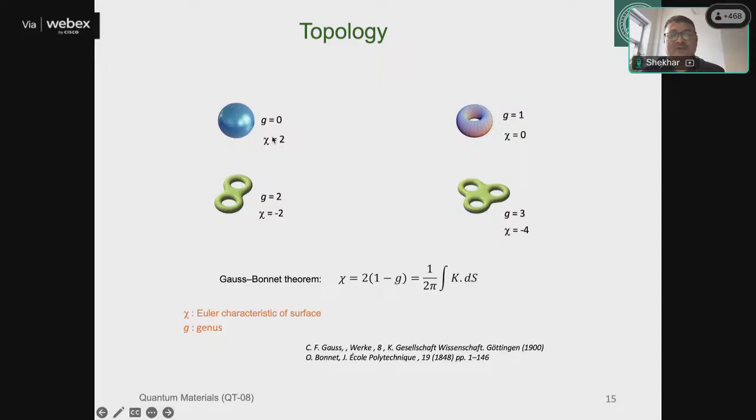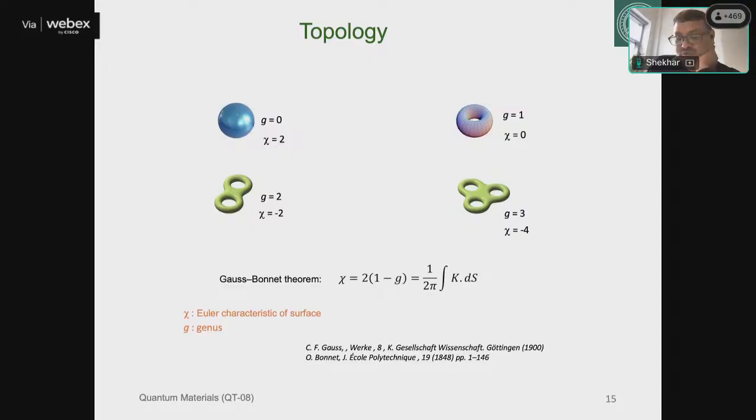For example, where we don't have any holes, the value of genus is zero. These are related to topology. That means for each type of object with a different number of holes, we can expect a different property. But if we fix the number of holes inside the object, we can expect the same property from the object.